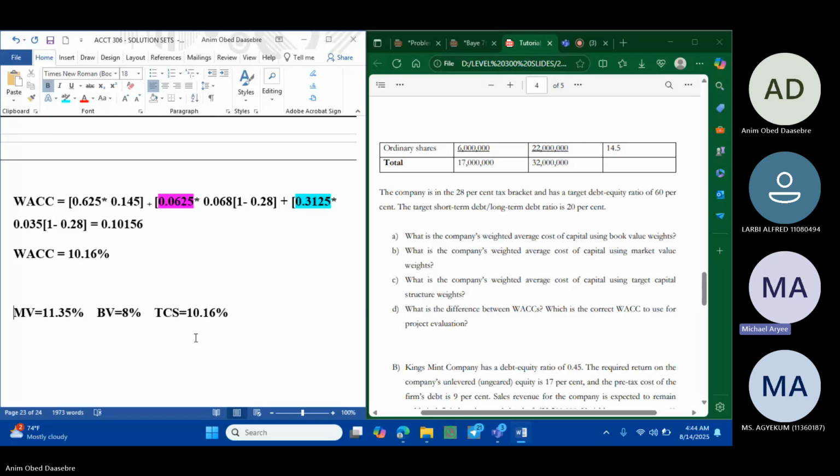But the book value is using historical data, where depreciation and other things have come in. So for me, I'll go for the market value, because it's using current market rates. Any other suggestion?